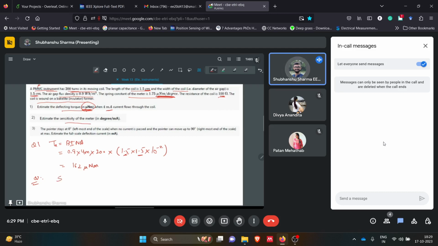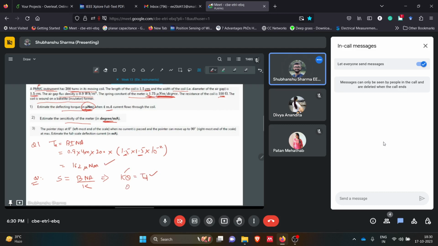If you remember the formula, sensitivity will be NBA divided by K. Or in other words, K theta is the deflection torque T. You know this deflection torque, and K is given in this question.